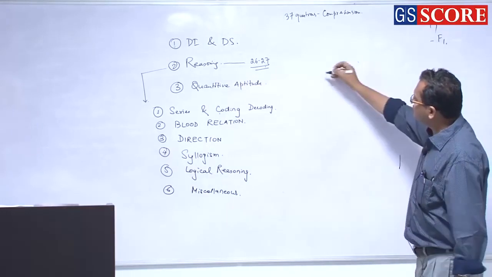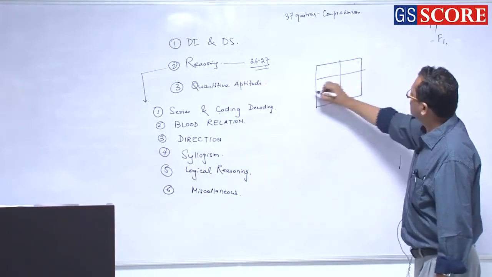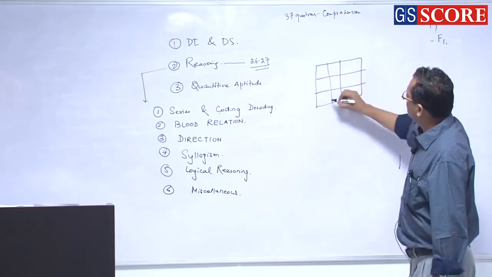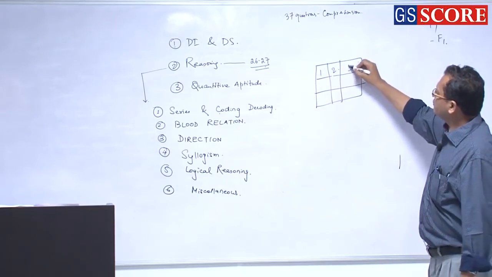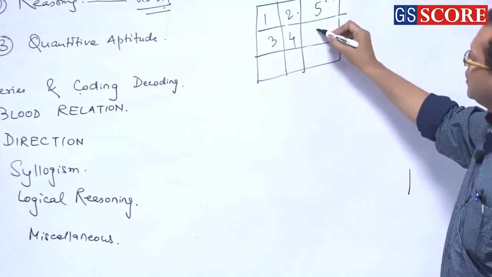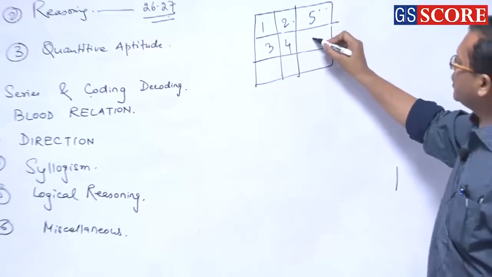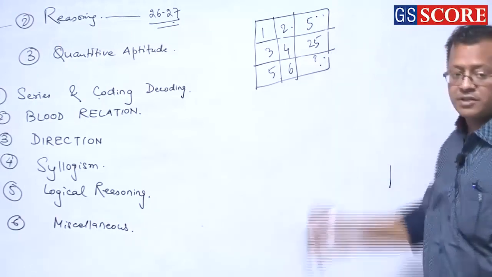There can be questions on matrix based reasoning as well, which means, right, 1, 2 and 5, 3, 4 and say 25, 5, 6, what is the value of this?